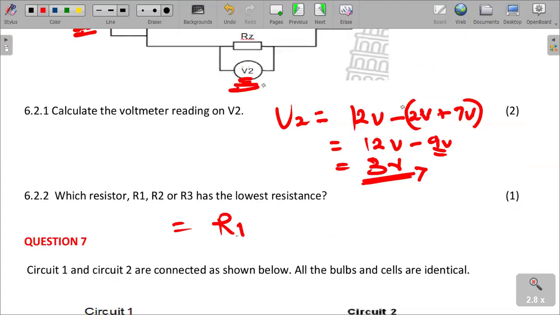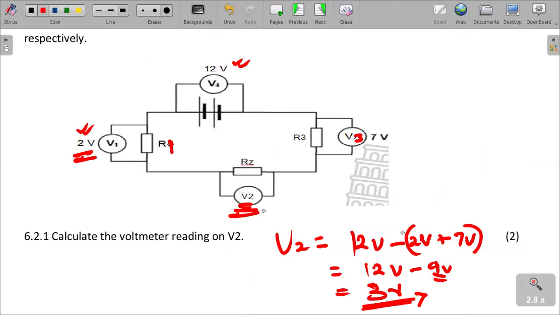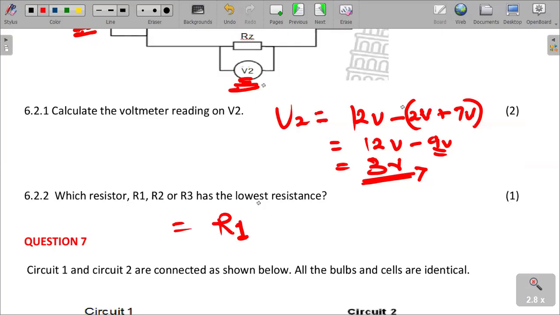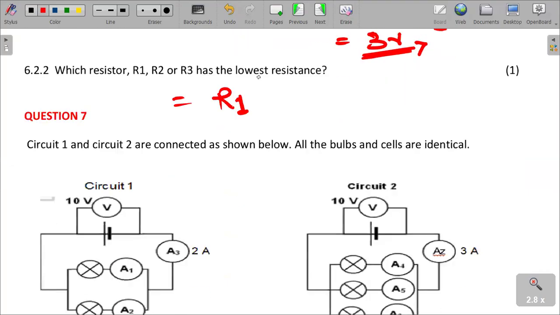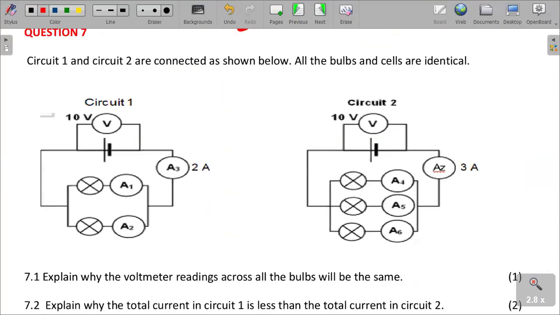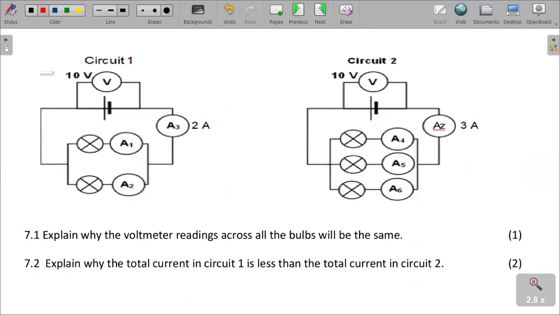I said we talk about the number of cells also connected in series, and so forth. Both others, R2 and R3, have more resistance compared to R1. Also check on the channel class for clarity on these concepts.